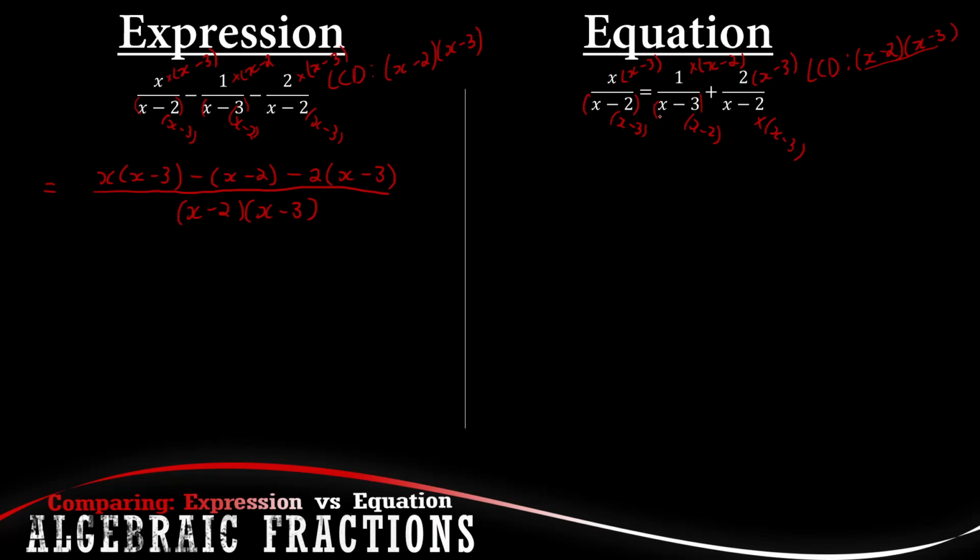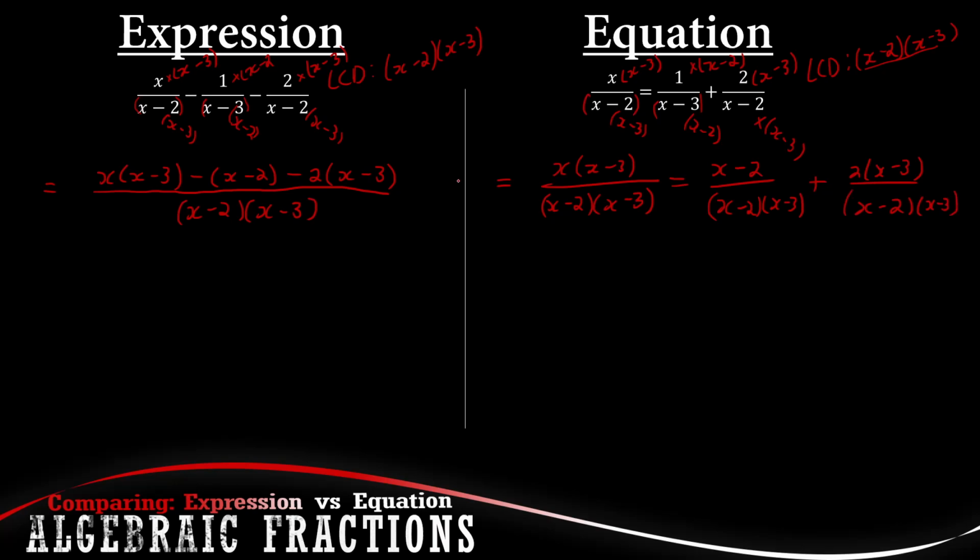So we have x minus 3 over x minus 2, x minus 3 equals x minus 2 over x minus 2, x minus 3, and plus 2 over x minus 3 and x minus 2. Okay, so this is the point where I wanted to get to, and comparing where we are at now.